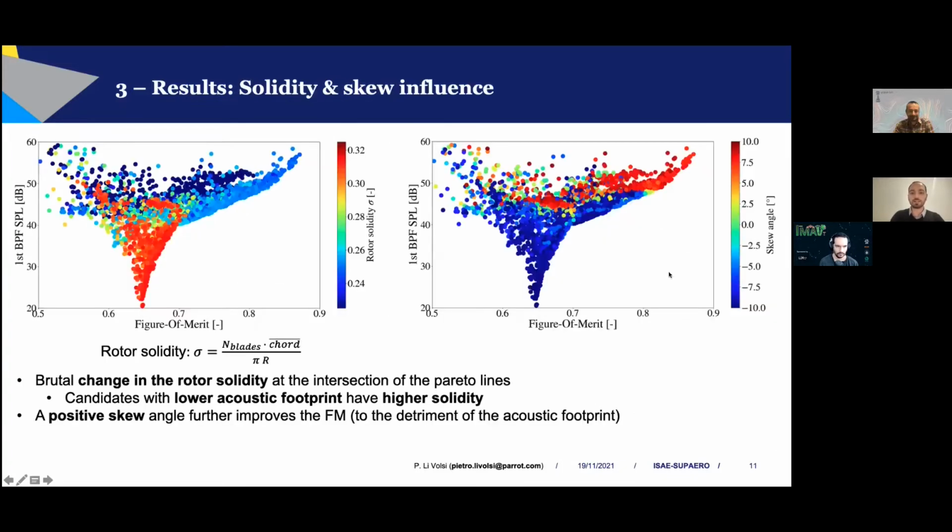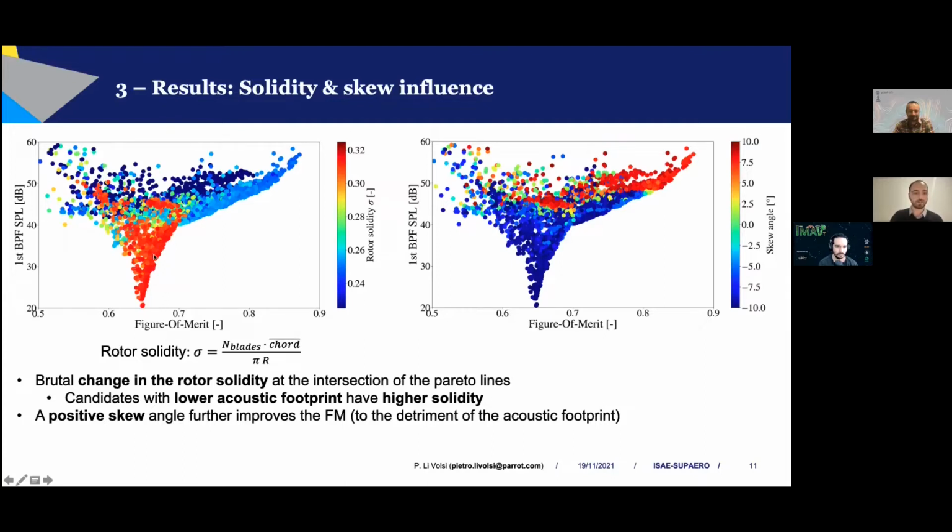To understand the overall shape of the Pareto front, we searched for the parameters that led to these results. In fact, two parameters came out. First of all, the rotor solidity. Here you can see the candidates colored by their rotor solidity, which is defined here. We can see that there is a brutal change in the rotor solidity at the intersection of the two Pareto lines.